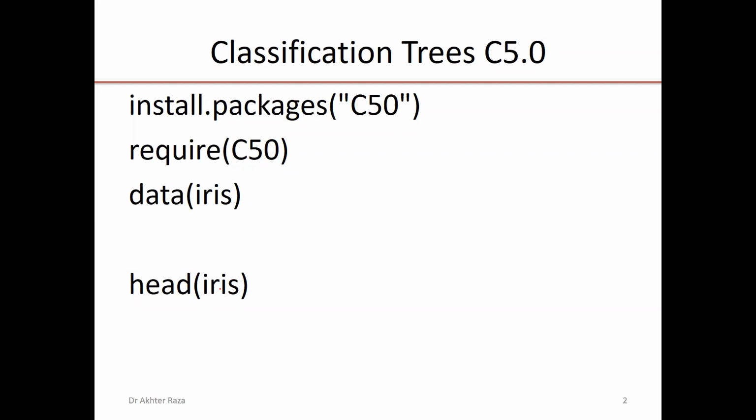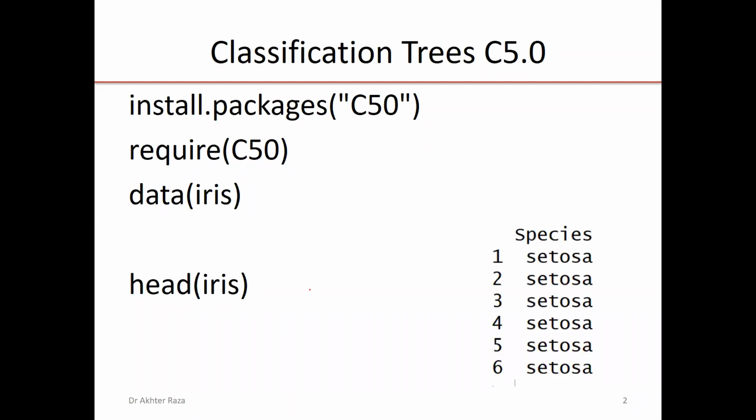It has 5 attributes and 150 rows, 50 rows for each category. You can see 1, 2, 3, and so on: 50 for Setosa, then 50 for Virginica, and 50 for the next category. So 3 categories, each with 50 elements.